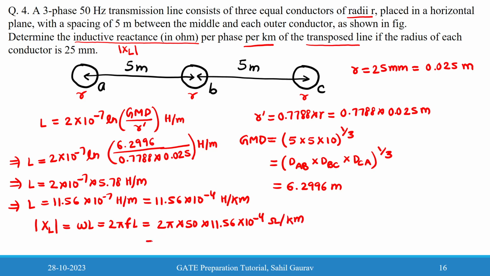So that is 3631.28 into 10 to the power minus 4 ohm per kilometer. If you write it this way, it is 0.363 ohm per kilometer. So the answer is 0.363.